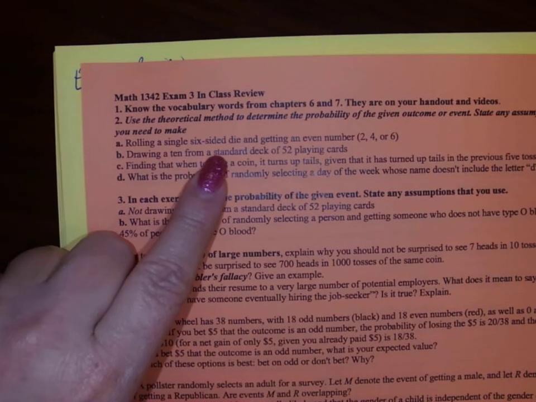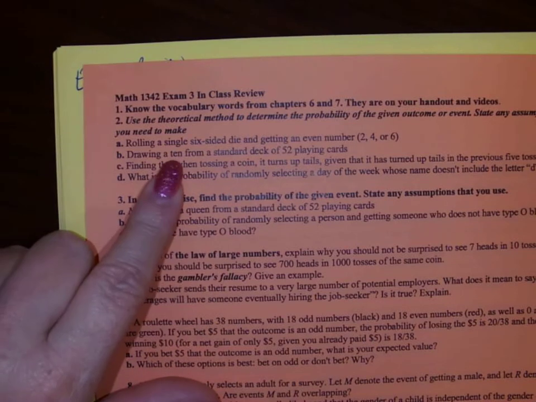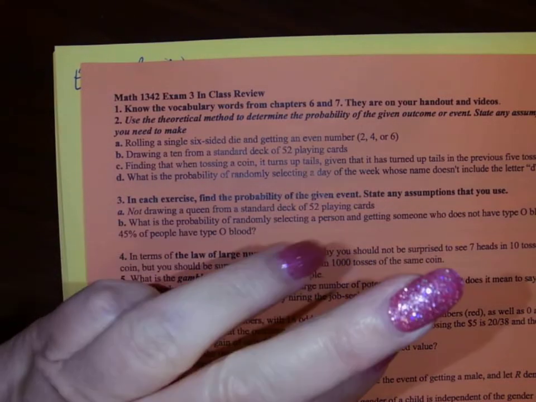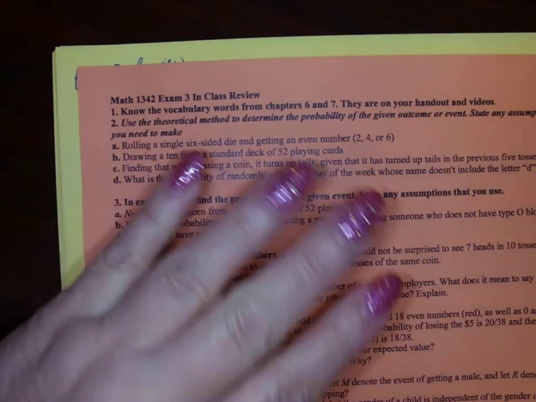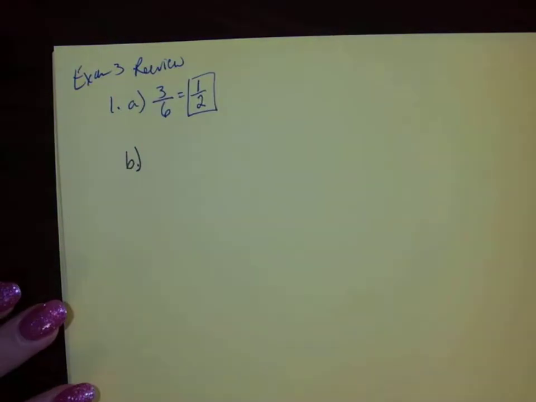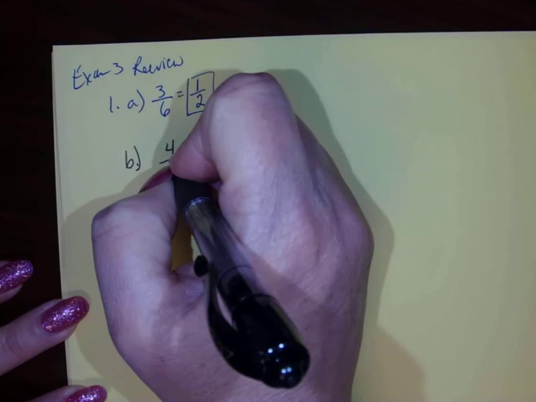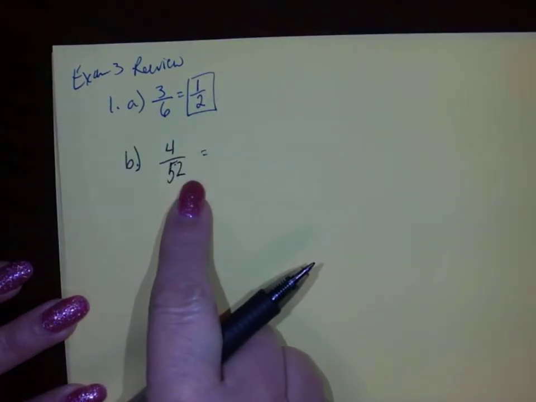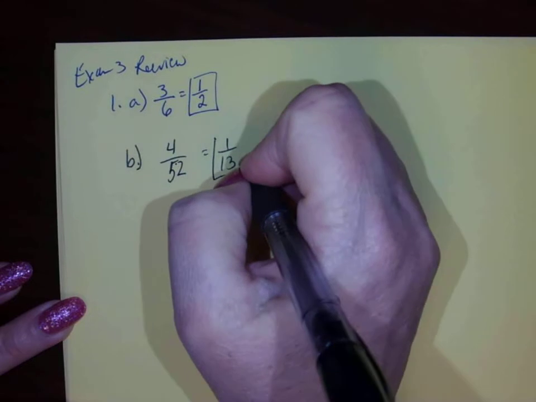You have the ace card. You have the Jack, Queen, King card. So for drawing a 10, that means there's a 10 of spades, a 10 of clubs, a 10 of hearts, and a 10 of diamonds. So there's 4 10s out of the total deck of 52. So this will be 4 10s out of 52 cards. They both will reduce by 4, and we end up with 1 out of 13.